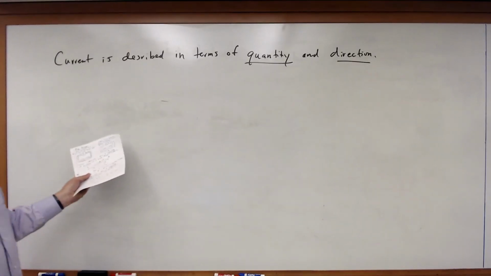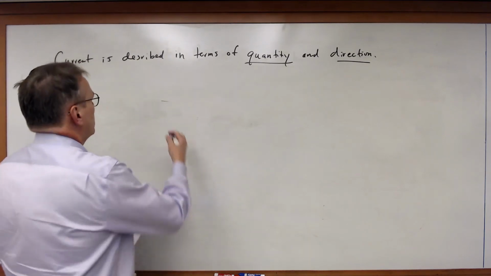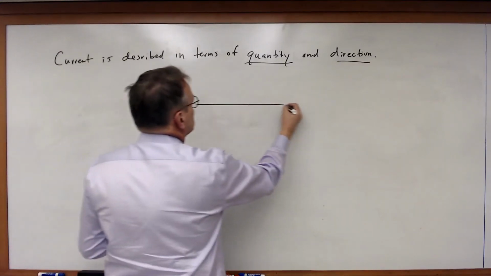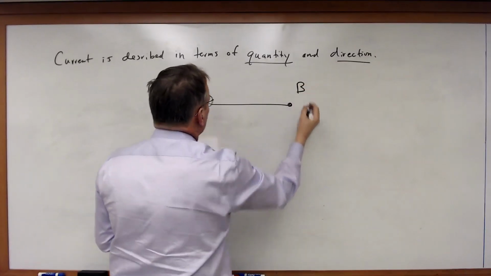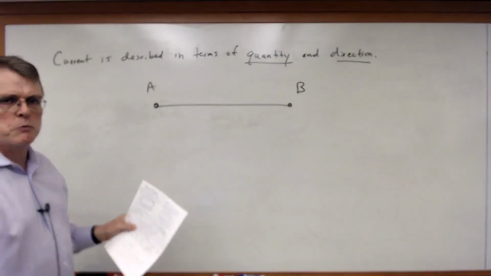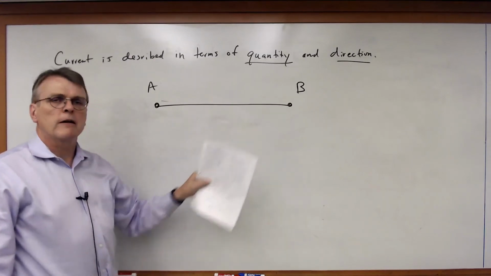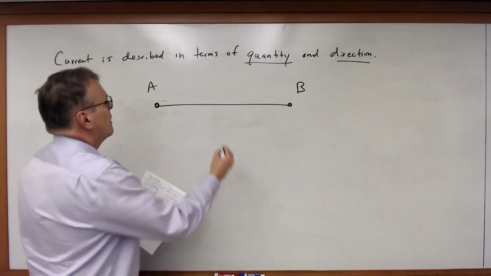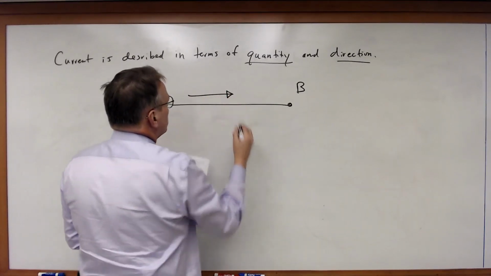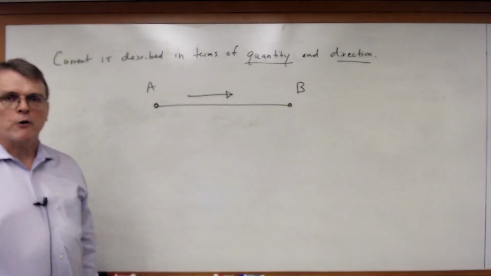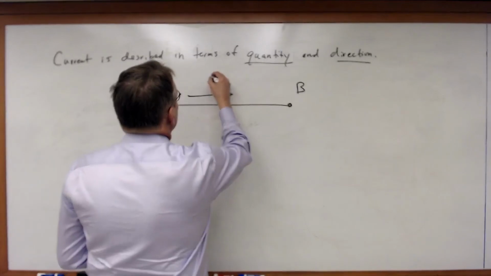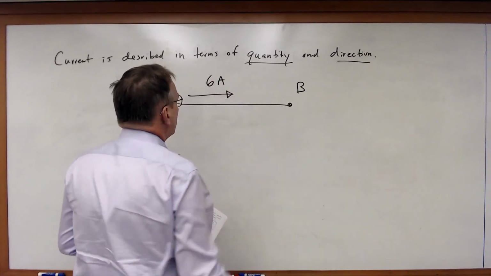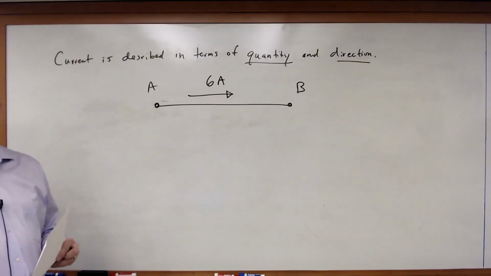Well, for example, this is how I could describe current. Let's say I've got 2 points in a circuit, A and B, with a conductor connected between them, some path for electric current to flow. I'll describe that with a direction. I'll draw an arrow, and I'll describe it with a quantity. I'll say it has a quantity of 6 amperes, 6A.